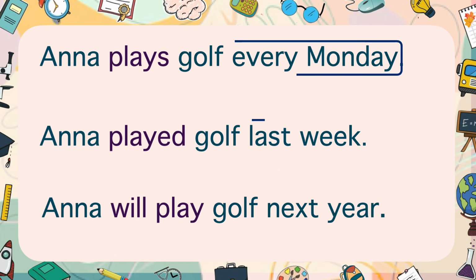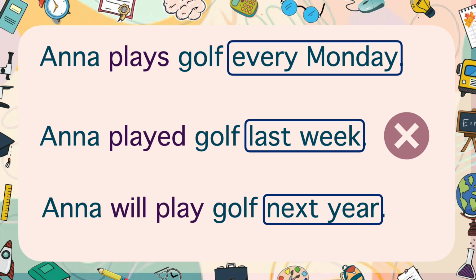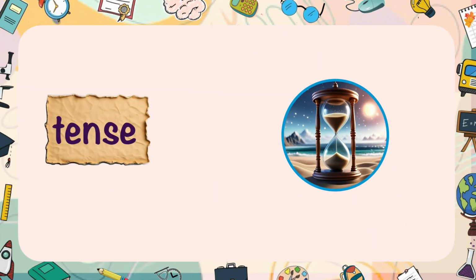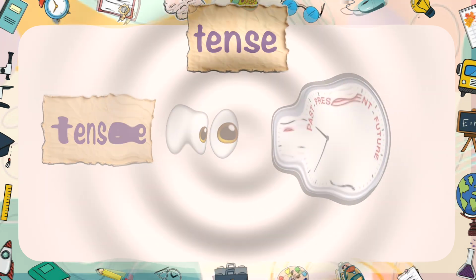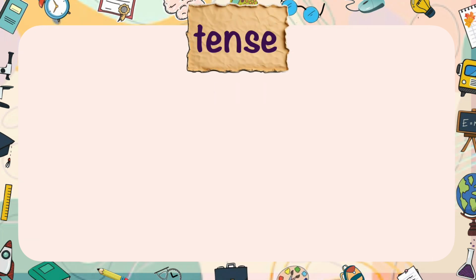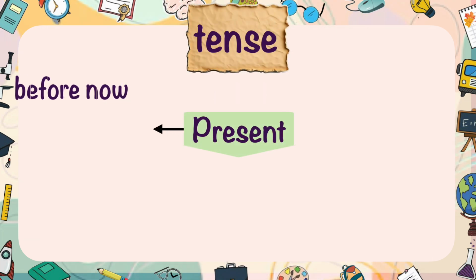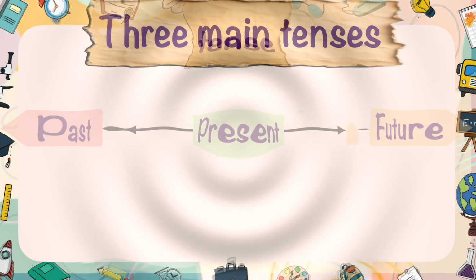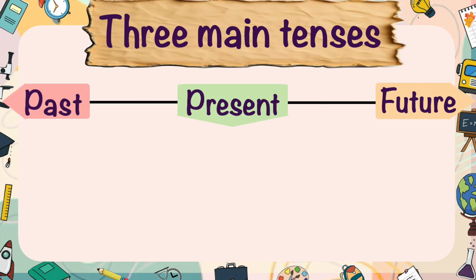So it's not these expressions, but the verb forms that tell us what time the action happened. It's because tense looks at time in a different way. Tense looks at now as the present, the time before now as the past, and the time after now as the future. So we have 3 main tenses in English: the present tense, the past tense, and the future tense.